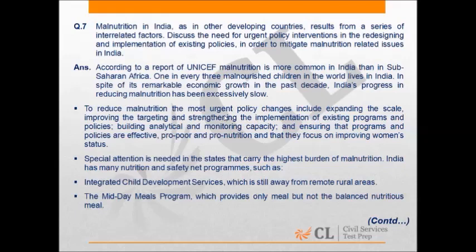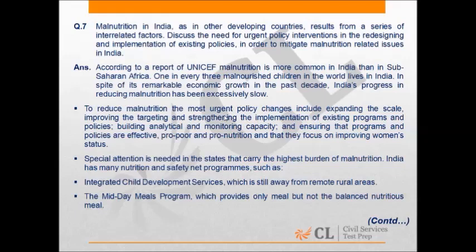Now, some measures, some remedies to get rid of malnutrition. According to this point, the most urgent is to change policy, in which all are included: expanding the scale to cover more population under this scheme, and to monitor and supervise accordingly all nutritional programs in India like midday meal schemes, ICDS programs, etc. These all need to be monitored.